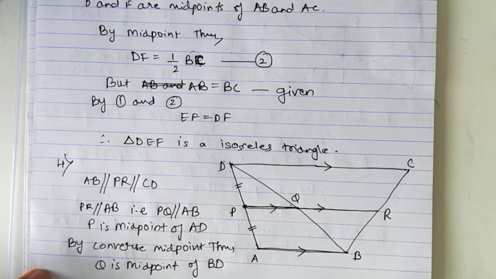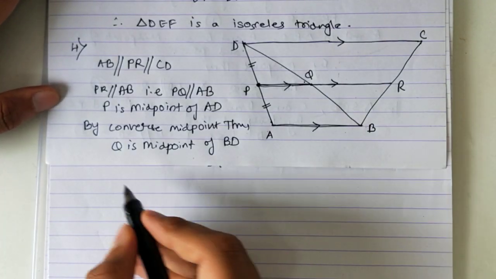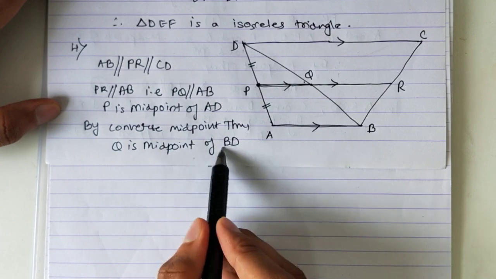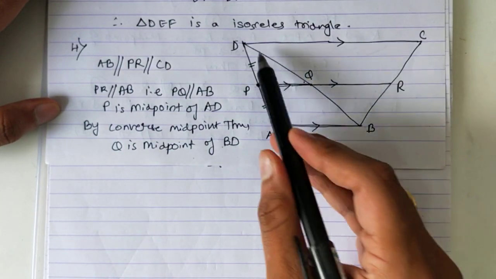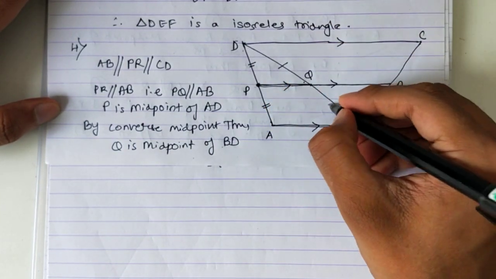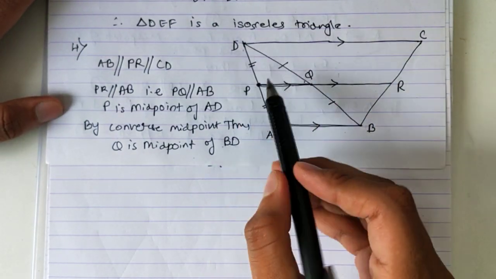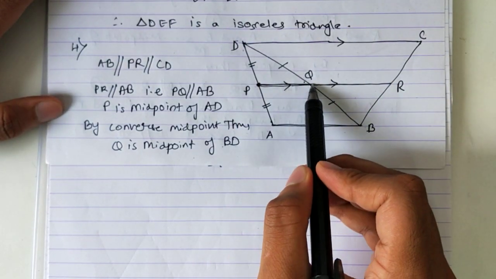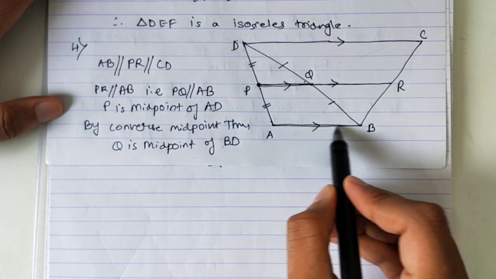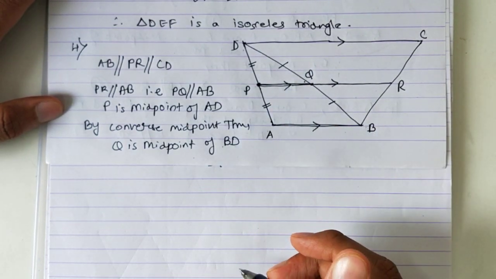So now we got the conclusion: Q is the midpoint of BD. If Q is the midpoint of BD, so I have proved that Q is the midpoint of BD. Now I can say that in this triangle, P is the midpoint, Q is the midpoint. That means PQ is half of AB by midpoint theorem.